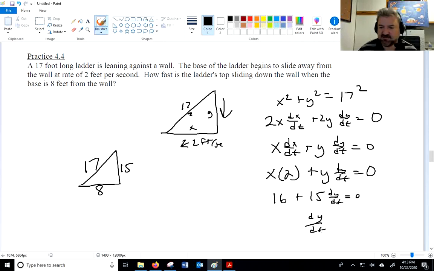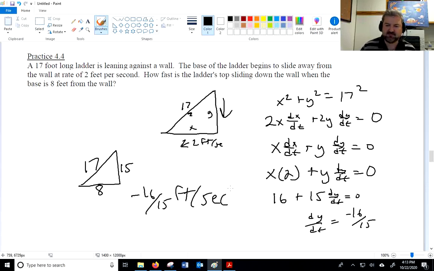Solving for dy/dt gives me negative 16 over 15. Does that make sense that y would be decreasing? Well, I hope so. If we pull the ladder out, this has got to fall down. So negative 16 over 15 feet per second at that moment, but that's not always going to be the same because as you see, it's dependent on x and y. All right, we'll do more of this in the next lesson. So until then, take care.